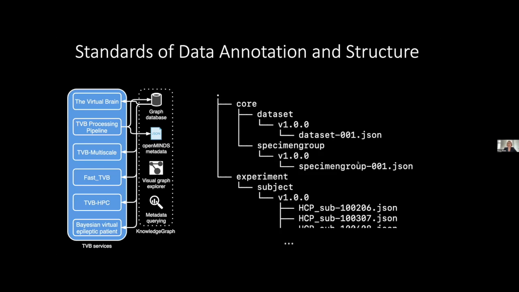You will also see how the data will be annotated according to a schema, either as part of the pipelines, or we will also get a more detailed session, as mentioned, by Lyuba Zehl today. Here you see an example of such metadata, a file tree structure, and this helps to make the data discoverable in the graph database of EBRAINS.